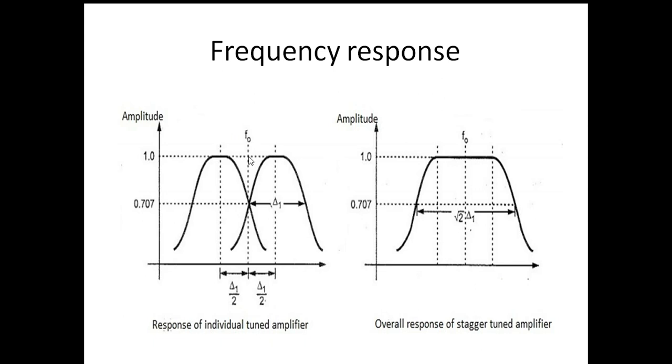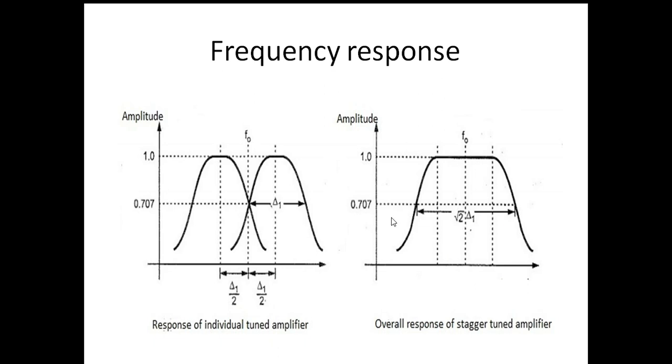If this is F naught, this is FL, the low frequency, and this is FH, the high frequency. FH minus FL gives the bandwidth. This is similar to your RC coupled amplifier frequency response. The overall response of the stagger tuned amplifier is similar to the RC coupled amplifier frequency response curve.